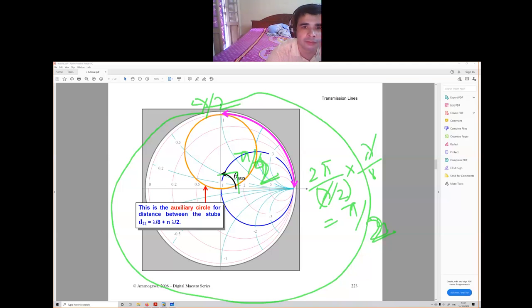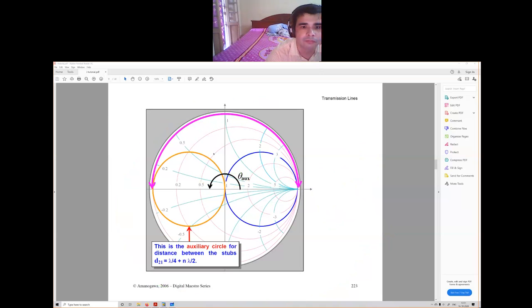Right. Move on. Next slide. See, at lambda by 4, what will be the angle? 2 pi by lambda times lambda by 4, so that is 4 pi by lambda times lambda by 4.